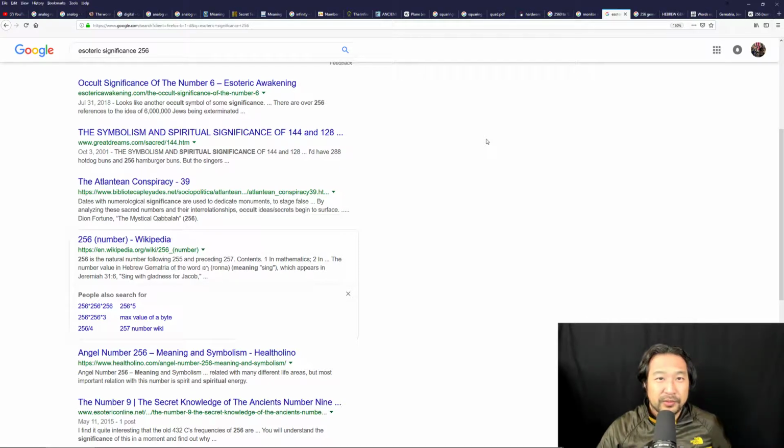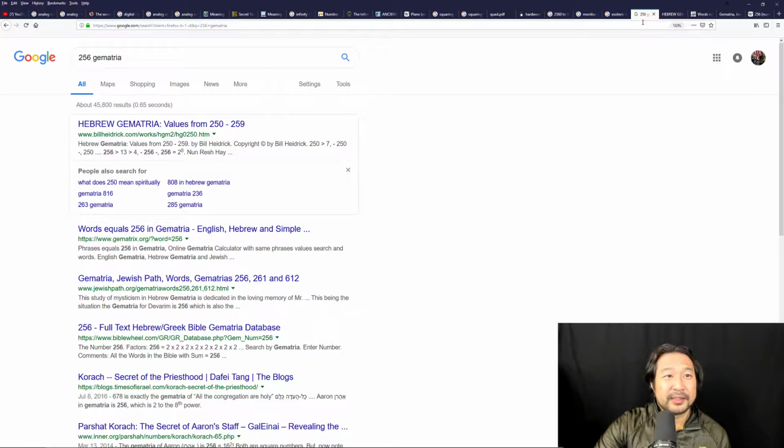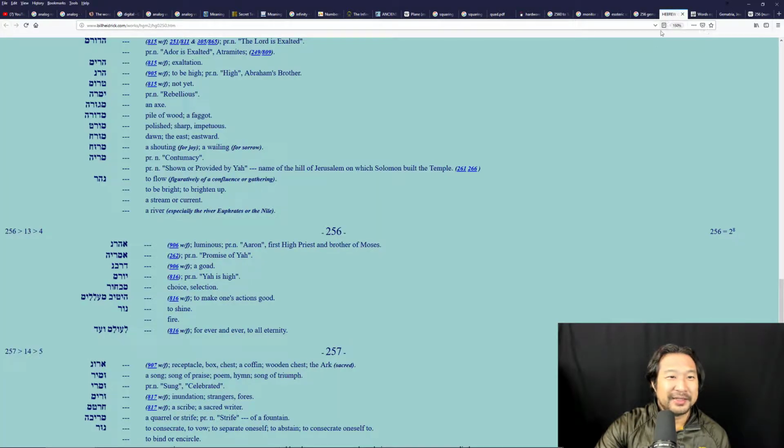So you get the digital root of 2 with 128. Anyways, you're going to have a lot of significance with 144, 128, and all this other stuff, which can all be divided by 8 pretty easily. 256, basically, I'm just looking at gematria, and it's interesting.